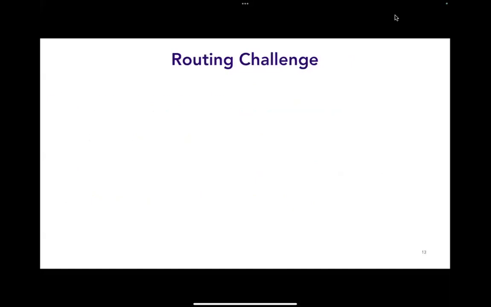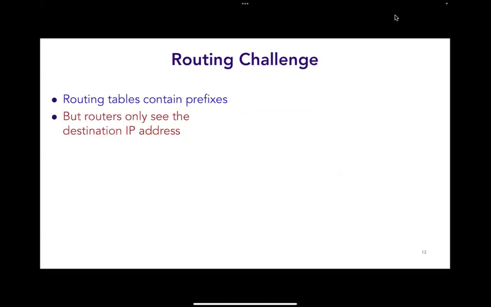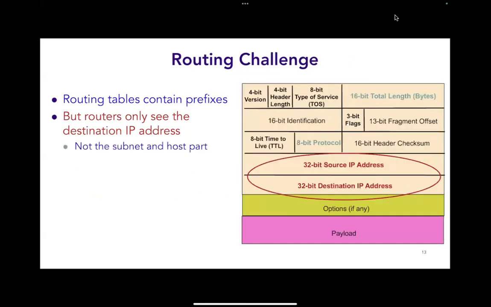So the routing challenge here is that routing tables contain prefixes, but routers only see the destination IP addresses. If you recall the IP address block structure, it has the 32-bit source IP address, which is not used here. We use the 32-bit destination IP address. There is no information about prefix here.